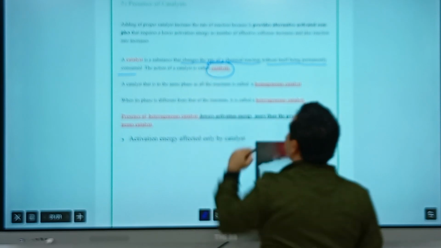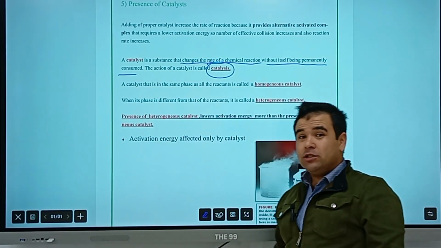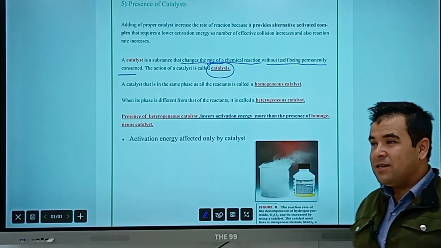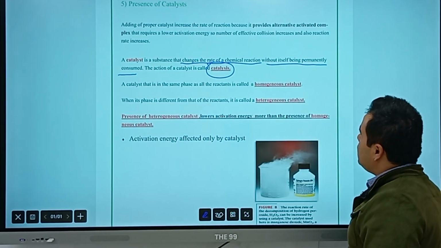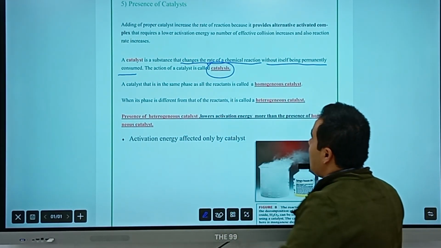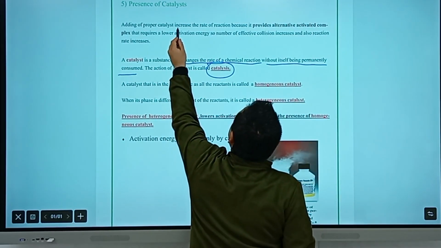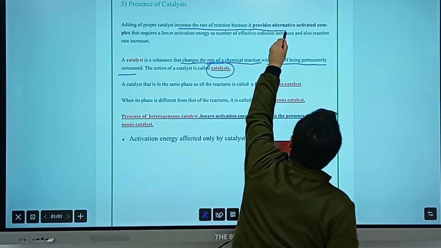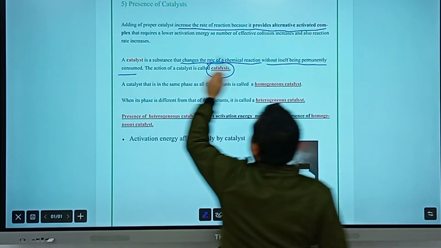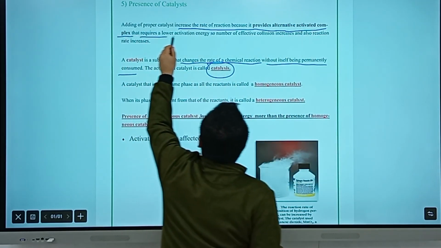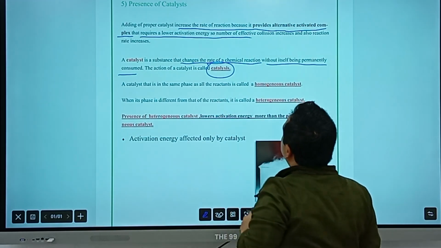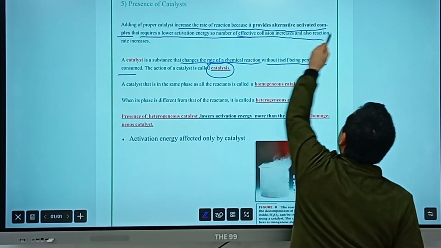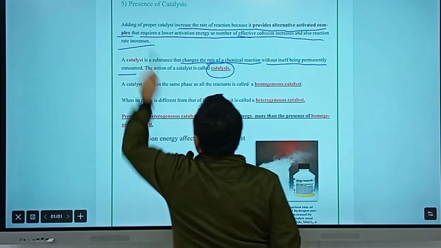The processes where we use catalysts, we call them catalyzed. So any reaction in which we use a catalyst, we call the reaction catalyzed, meaning catalysts have been used in the reaction. Adding a catalyst increases the rate of reaction because it provides an alternative activated complex that requires a lower activation energy, so the number of effective collisions increases and the reaction rate also increases.